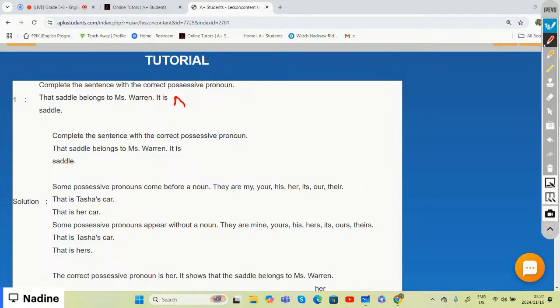So we can say that the saddle belongs to Mr. Warren. So we can say it is his saddle. His saddle, because that is the pronoun that we're looking for. His saddle.